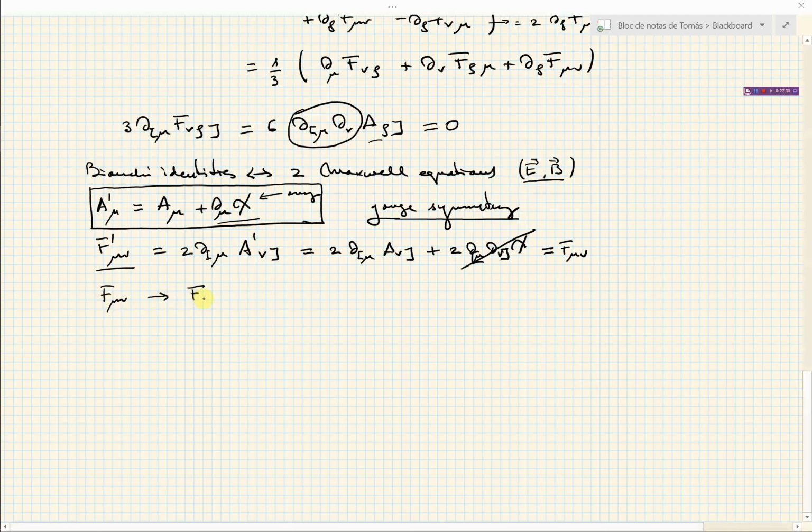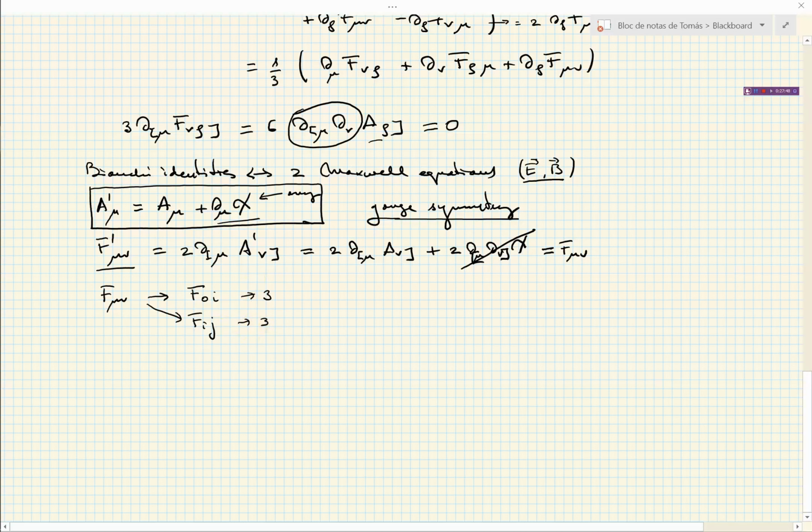There are components which include one time component, F_0i, and there are components with no time component, F_ij. There are 3 of these, and there are also 3 of these.